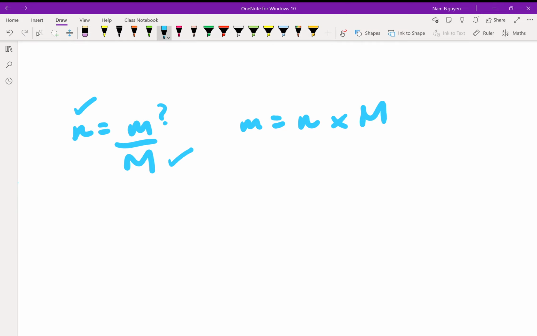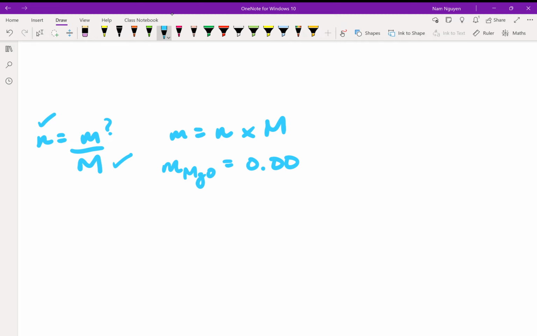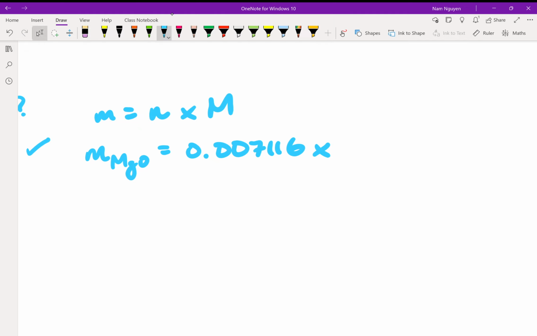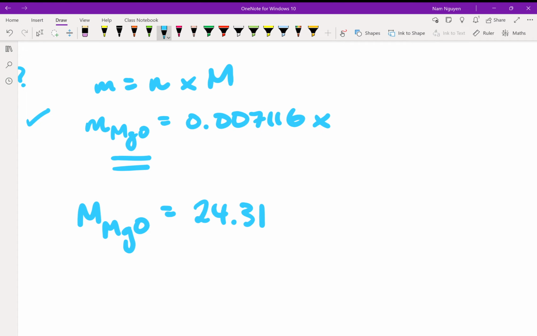And so for the mass of magnesium oxide, it is equal to 0.007116 times the molar mass of magnesium oxide, which is calculated by adding the molar mass of each of those atoms, 24.31 plus 16, which is 40.31.